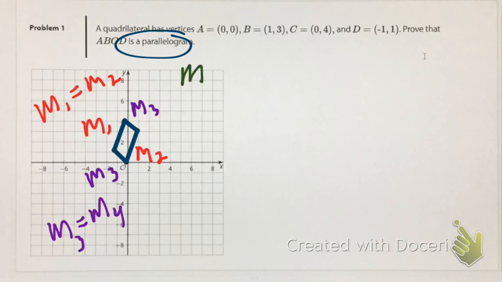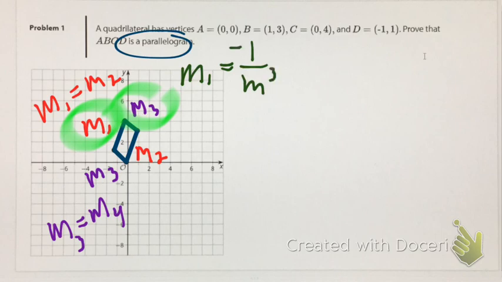So we need to prove that M1, that's going to be this guy over here, is perpendicular to this one. So that would be negative 1 over M3. So you're proving that this slope on the left over here is the opposite reciprocal of this one.